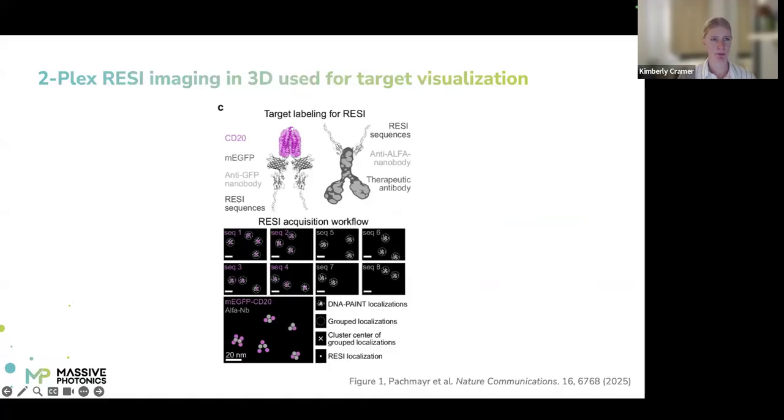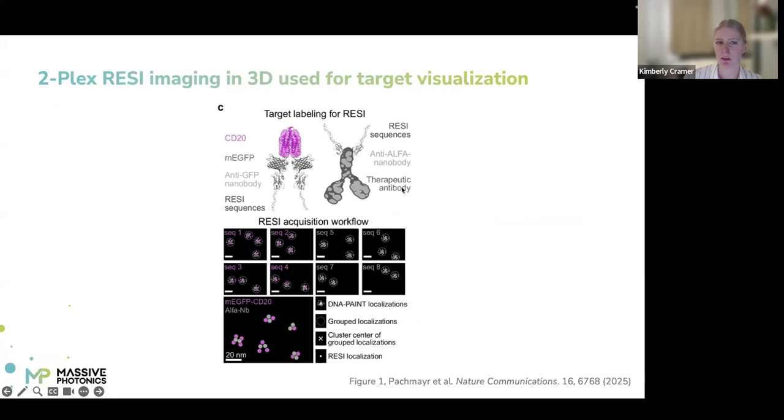So this is the labeling strategy. And here, really, the DNA paint method advancement was a 2-plex Resi. So in the DNA paint world, a 1-target Resi had been done, but here they did a 2-plex Resi on CD20, and they labeled this using an anti-GFP nanobody, you see here, as well as a therapeutic antibody.